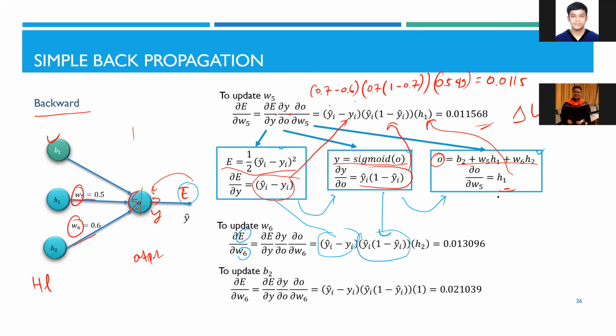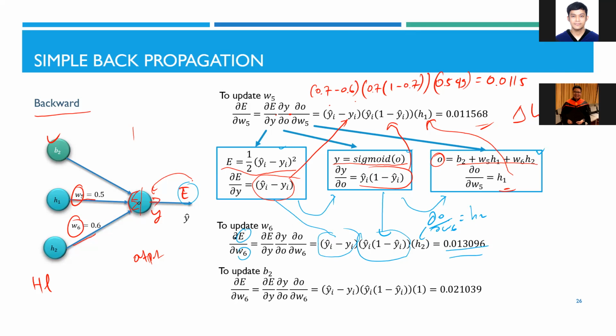But here, the derivative of O over W6 is, let's see, if we derive over W6, the result is H2. So that's why this is H2. And then we substitute the value and we get this value.